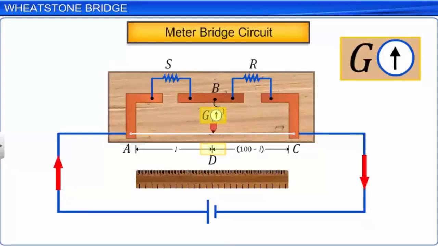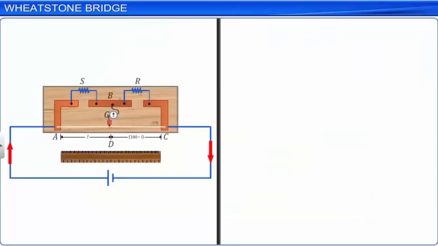Let R be the resistance per centimeter of the standard wire. As the area of cross-section of the standard wire is constant, its resistance is proportional to its length.